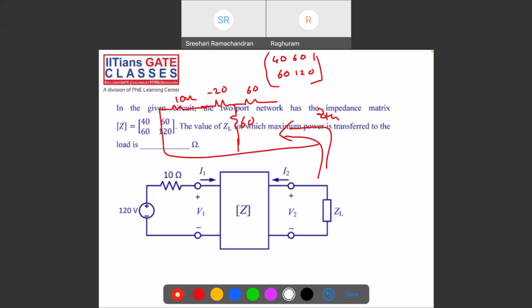Actually, according to the metrics, minus 20 plus 60 should contribute to 40, right, sir? Yes, everything is right according to the metrics also. Everything is right, but there is a problem. I can't parallel minus 10 with 60.